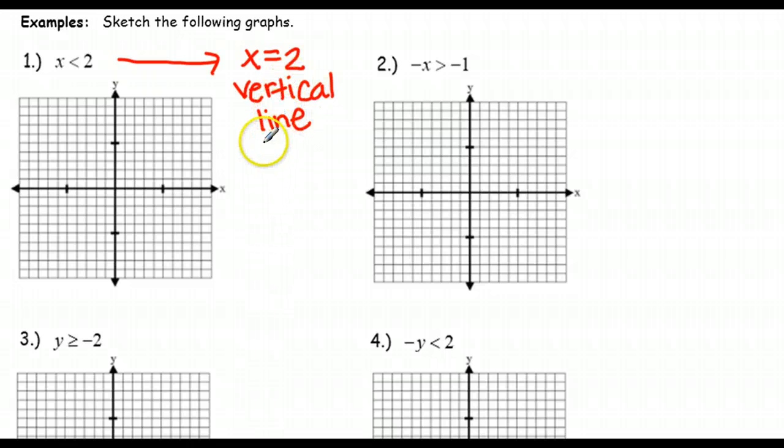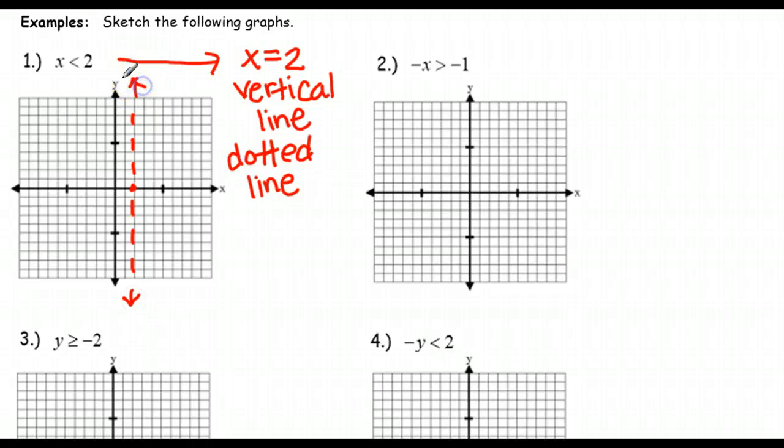We also know that it's going to be a dotted or dashed line because of the symbol that is used. So vertical line, and it's going to be a dotted line. So on the x-axis, we're going to plot 2, and we're going to draw a dotted vertical line going through 2.